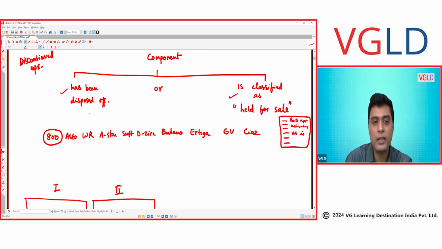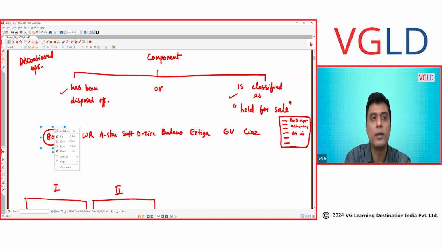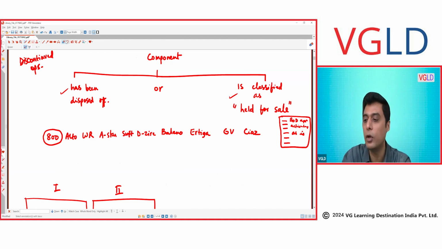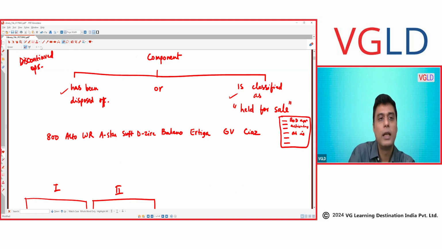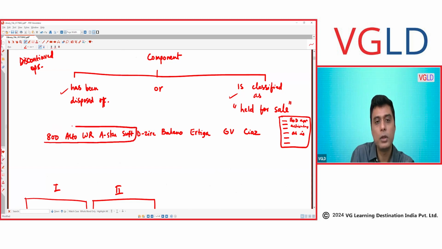Now, one aspect that is still pending, which we have not discussed, is what if Maruti 800 is not a component? It does not meet the definition of a component. Then what happens? Suppose Maruti 800 does not meet the definition of a component, but suppose the small car segment, as a segment, meets the definition of a component.